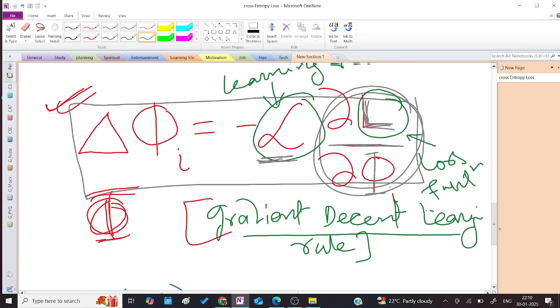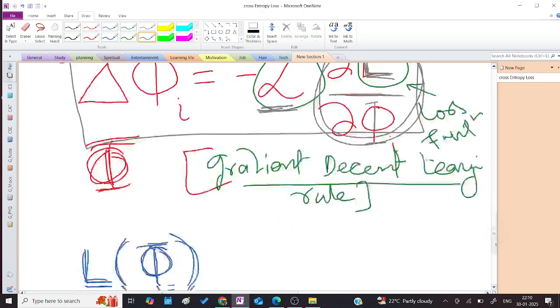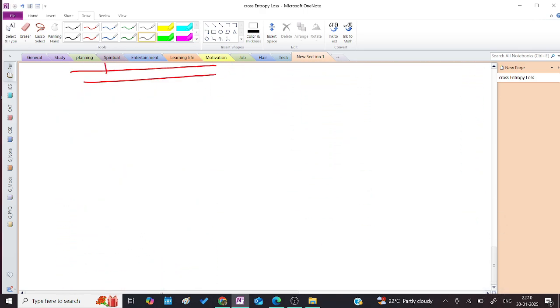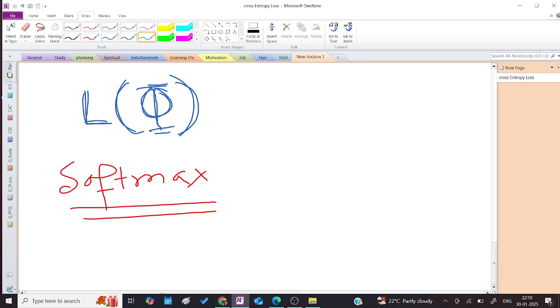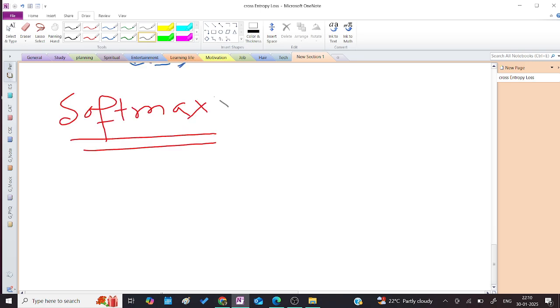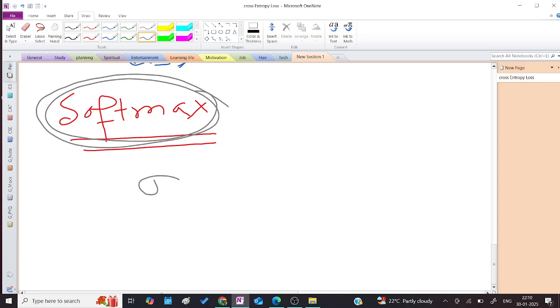So we cannot use that loss function and we need to find some other loss function. Okay, so softmax is that type of function. The formula of this softmax, okay, let us first understand this.